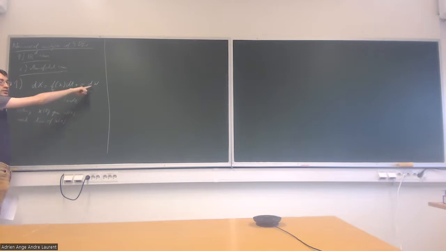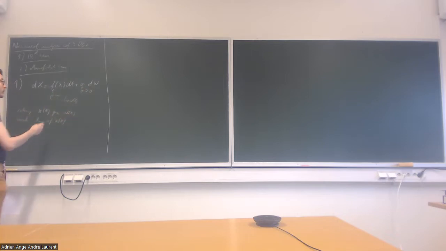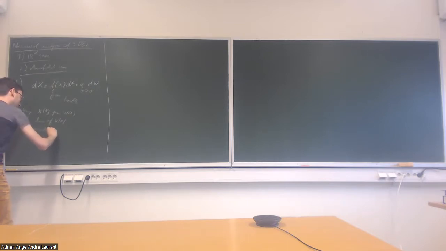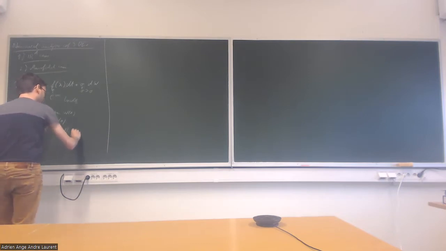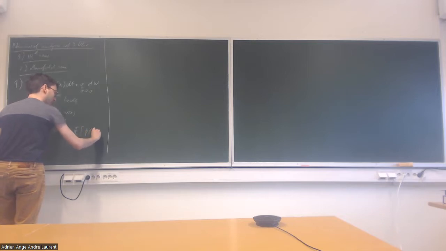So we don't need W, we just need the law of W that we already know. And what we want to approximate is this: u of x is equal to the expectation of a test function phi of the solution, knowing that we begin at x.